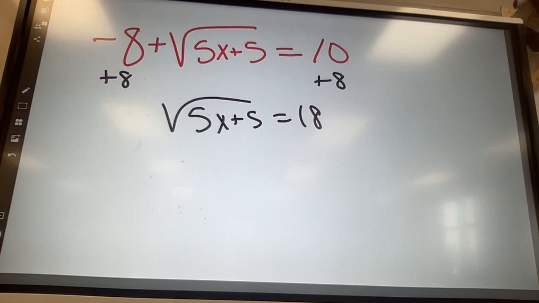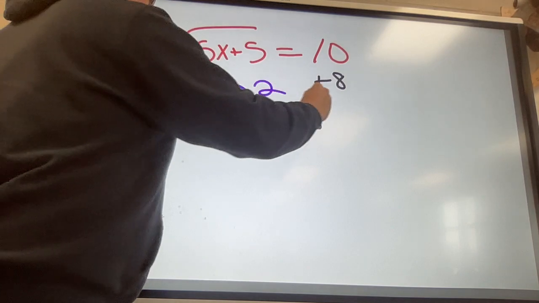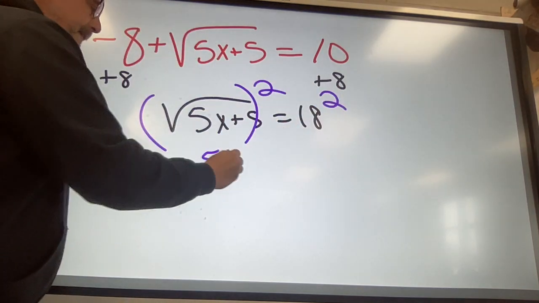Now this answer might end up being a fraction. That actually doesn't make the problem any more difficult. Square both sides.